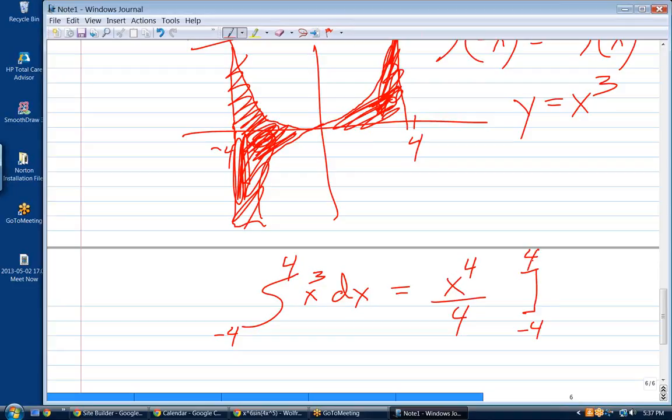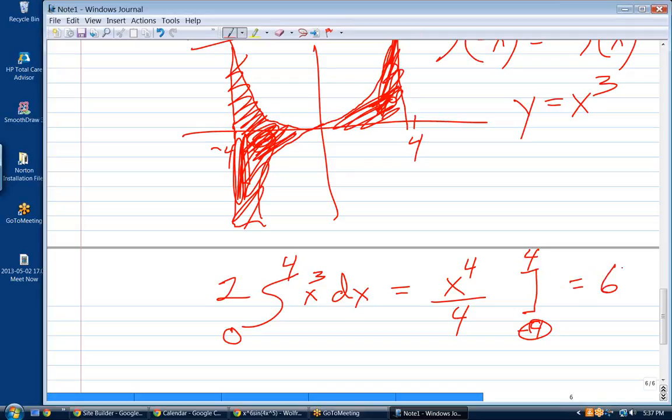You can see that whether I put in 4 or minus 4, I get the same thing, so this minus the bottom one has got to be 0. So instead, I'm going to go from 0 to 4 and multiply by 2. And now if I evaluate this from 0 to 4, I get 64 minus 0.